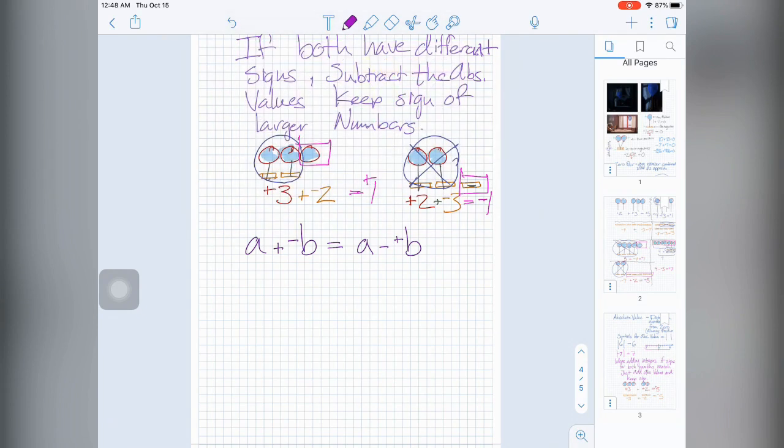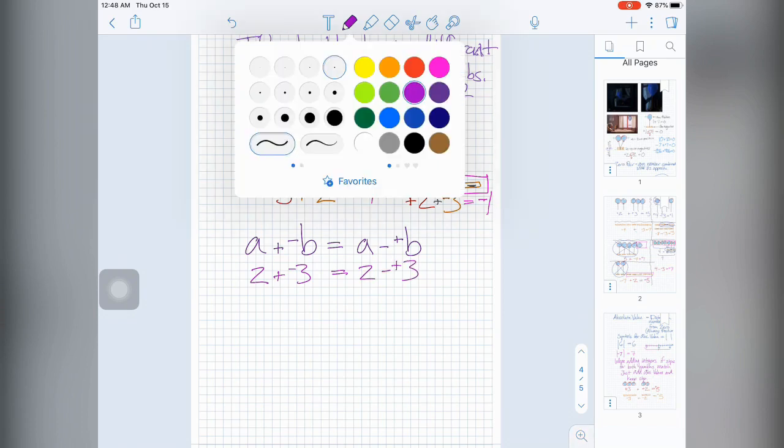So for instance, 2 plus negative 3 is the same as 2 minus positive 3.